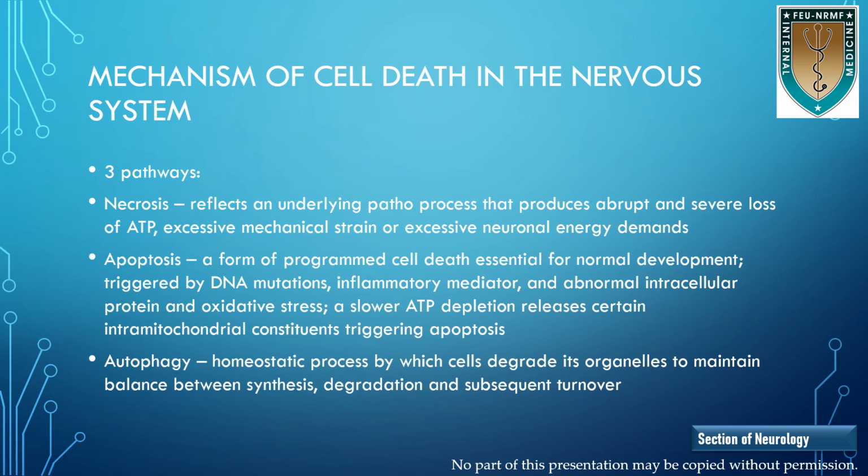Apoptosis is caused by a slower ATP depletion. The last one is autophagy. So this is a homeostatic, normal process by which cells degrade their organelles to maintain balance between synthesis and degradation and subsequent turnover.